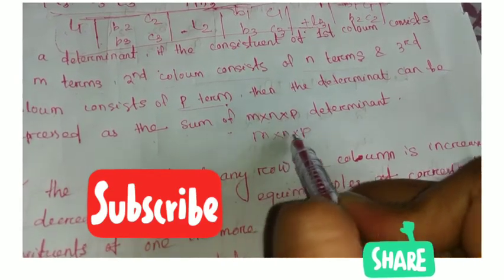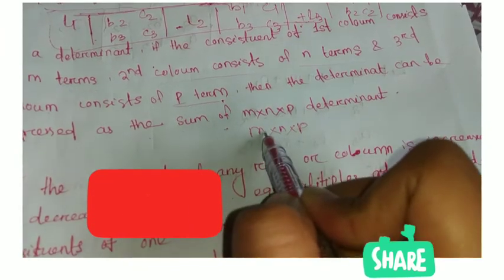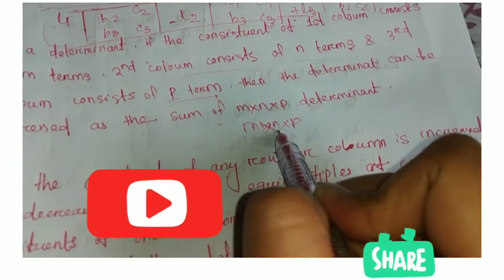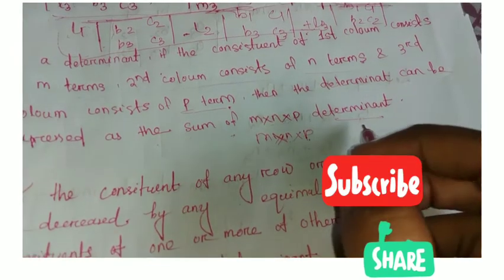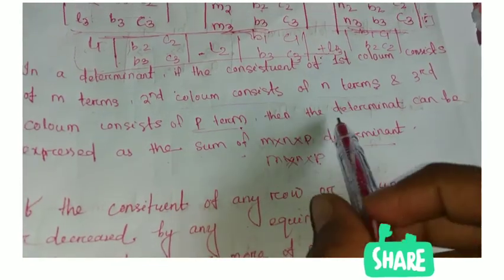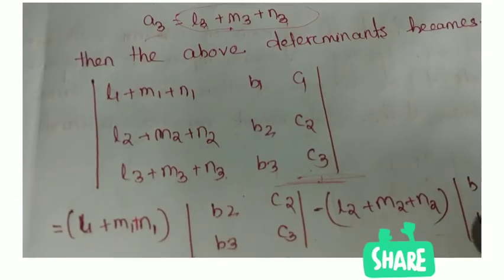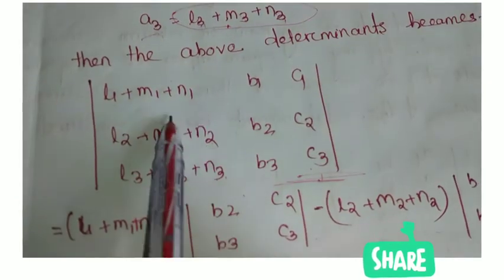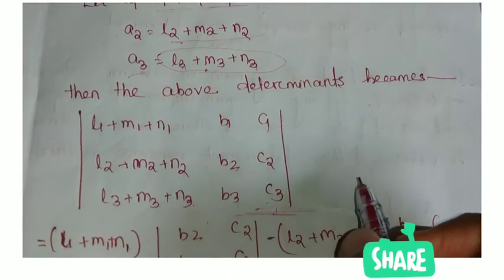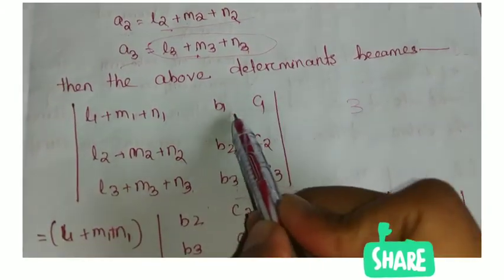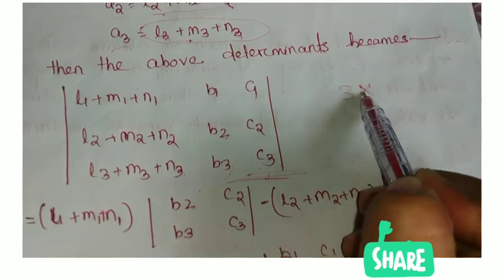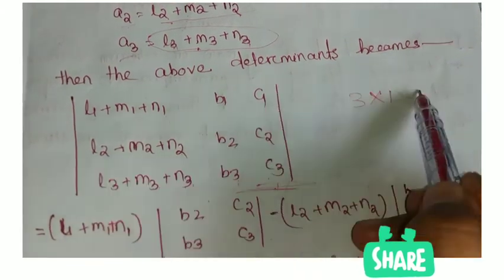For example, take the above determinant. Here the first column consists of three terms, the second column consists of one term and the third column consists of also one term.